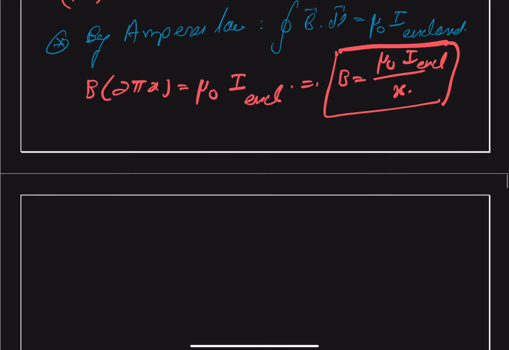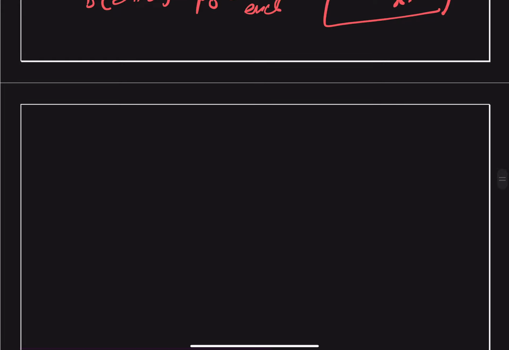Now we are going to take all the three values of x which we just mentioned. So now our x is less than r by 2.